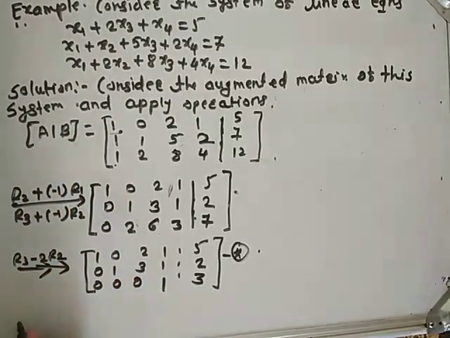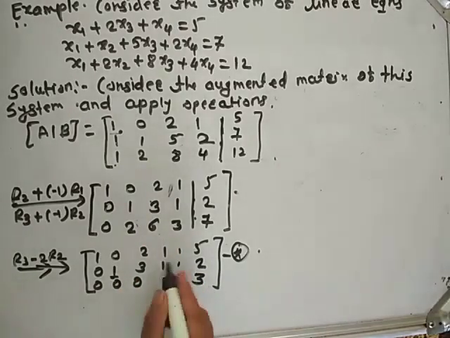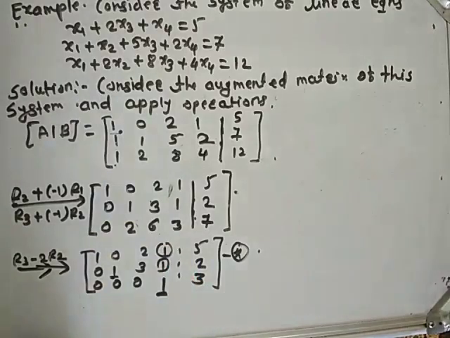Now obtain the reduced row echelon form. For this, see here, in this column only this one is the non-zero entry. Again, this one is the leading one in this column, and here this one is the leading one for this column. So here we require 0, 0. For this purpose, we will perform the row operations R2 minus R3 and R1 minus R3.